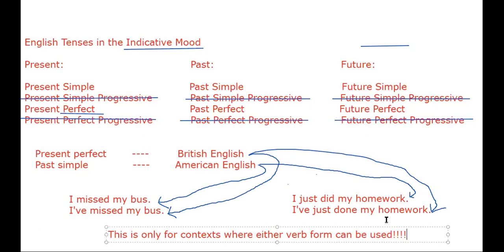So just remember that. In contexts where only one makes sense, well, of course, British English speakers and American English speakers alike are going to prefer one form. But for contexts where either verb form can be used, well, this is where that tendency starts to show itself.